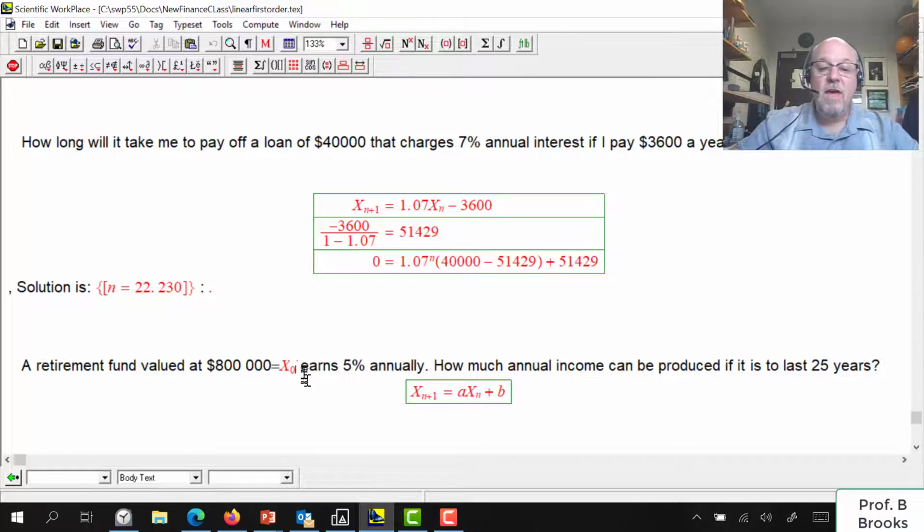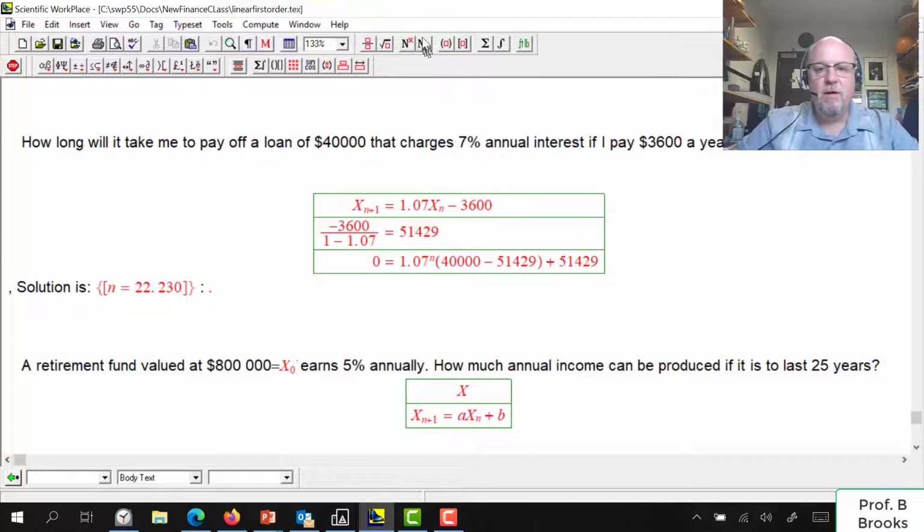So what happens to my money then? We got to be a little bit more careful here because I'm considering the order as taking out the money first. So my annual income, I need a letter for that. I'm going to make that M for money. So what happens to my money?